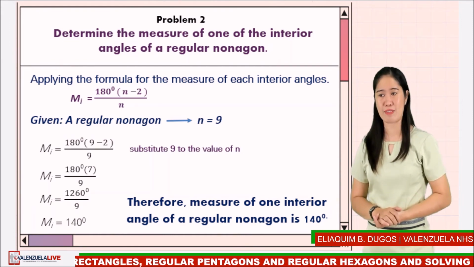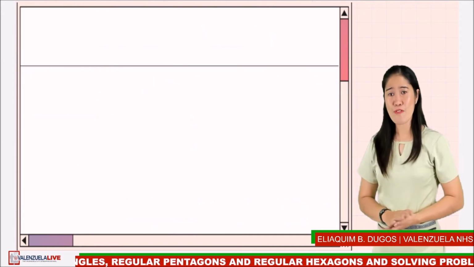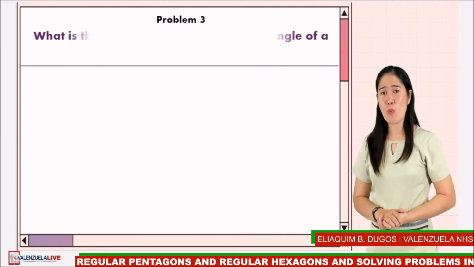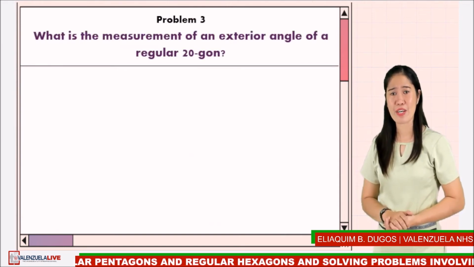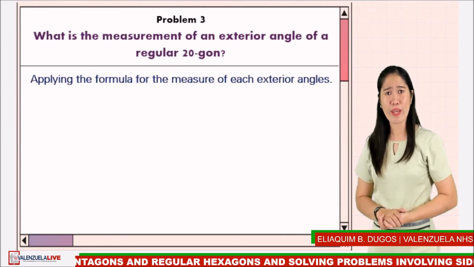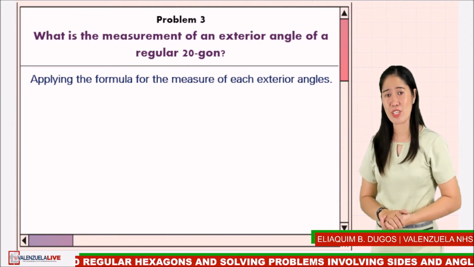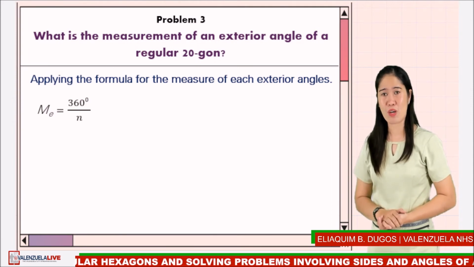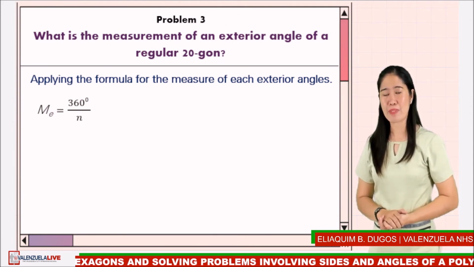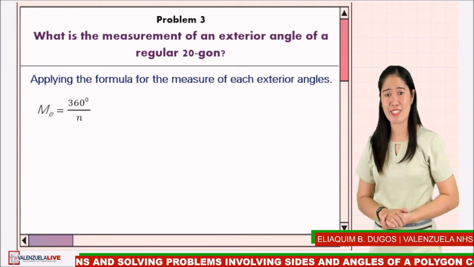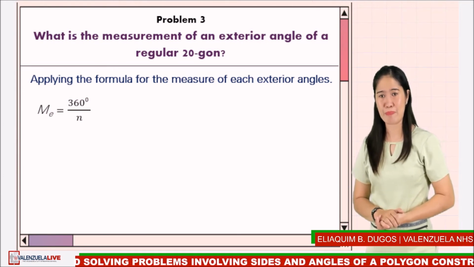140 degrees. For problem number 3, what is the measurement of an exterior angle of a regular pentagon? By applying the formula for the measure of each exterior angle, we have the formula m sub e is equal to 360 degrees divided by n.